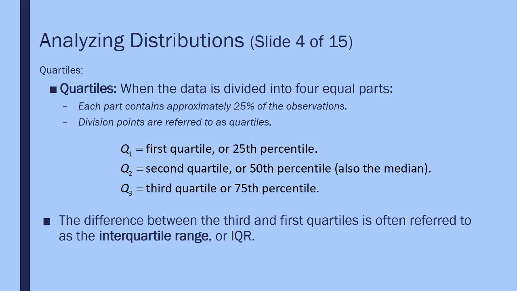Now for the quartile, it is often desirable to divide data into 4 parts, with each part containing approximately 1/4 or 25% of the observations. These division points are referred to as the quartiles and are defined as follows: Q sub 1 is the first quartile or the 25th percentile. Q sub 2 is the second quartile or the 50th percentile, which can also be called the median.